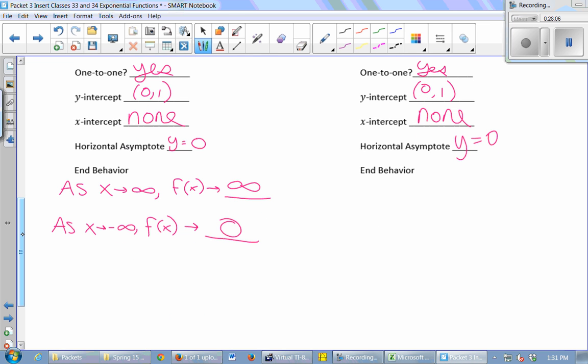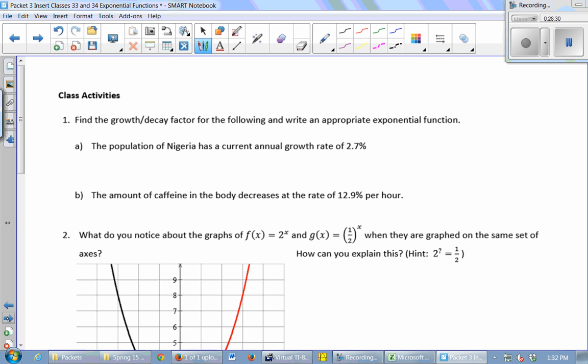So we just have to reverse these two. So we say as x approaches infinity, f of x approaches 0. And as x approaches negative infinity, f of x approaches infinity. All right, that's it.